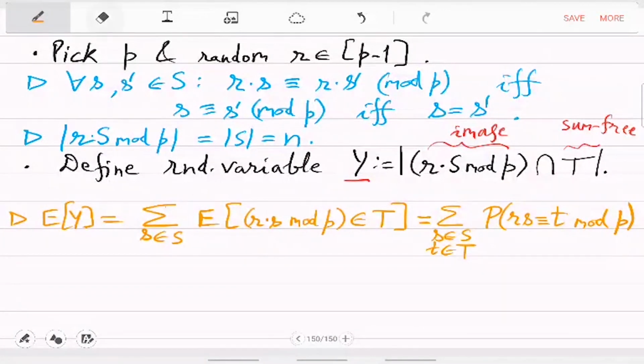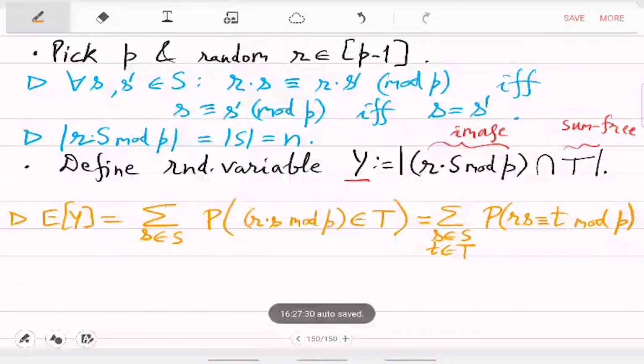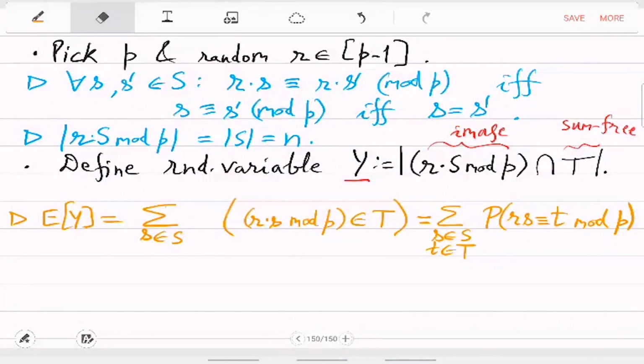These are disjoint events, right, whether RS is in T, whether RS prime is in T. Okay, that is a problem. I need expectation here because of linearity of expectation.